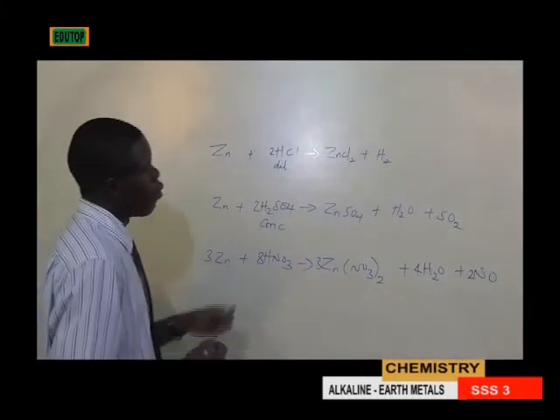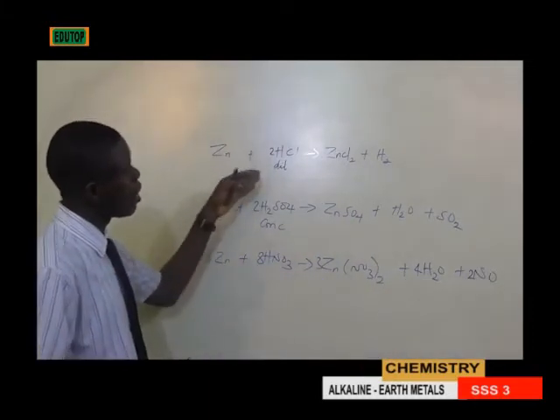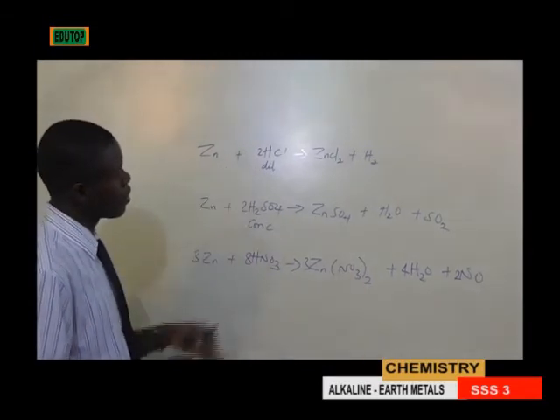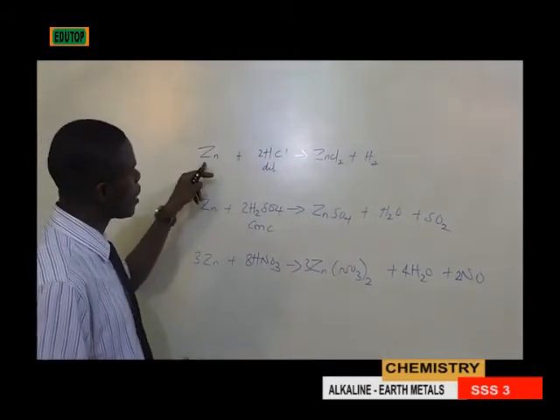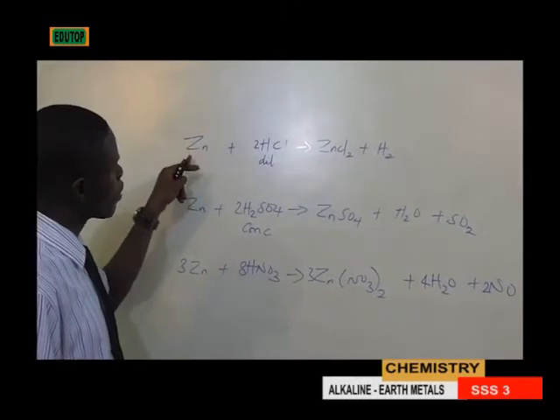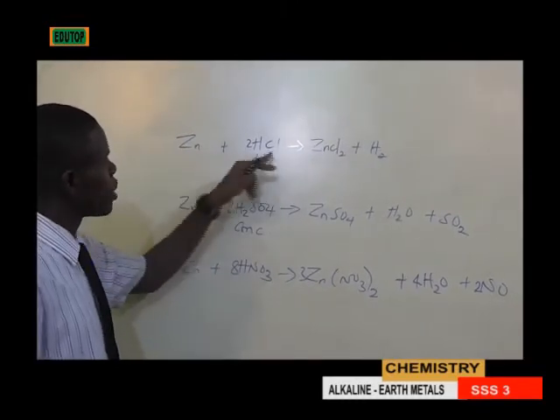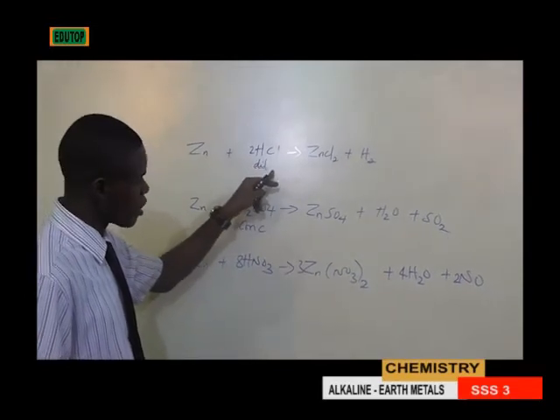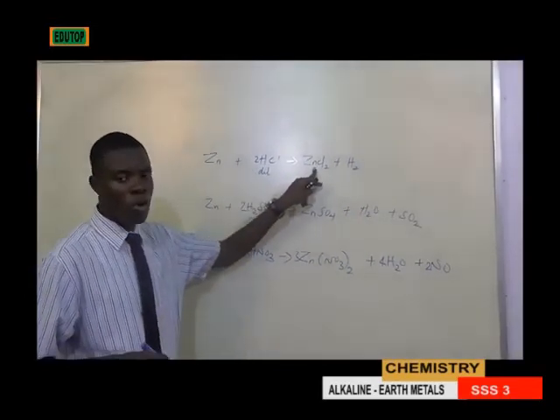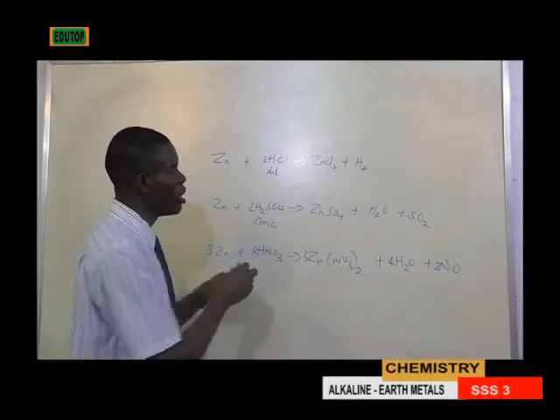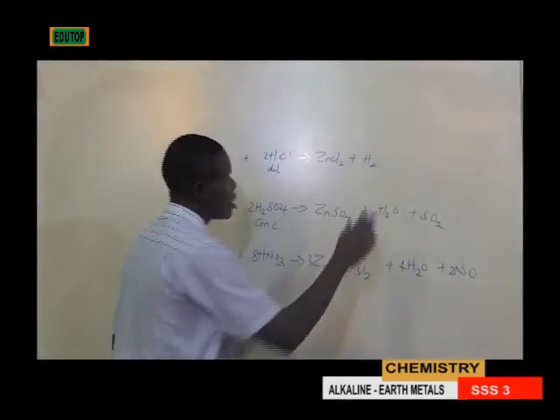So, with respect to the above acids, in the case of zinc with hydrochloric acid, it reacts with the dilute or the concentrated form to give zinc 2 chloride and hydrogen gas. Hydrogen gas is liberated here.